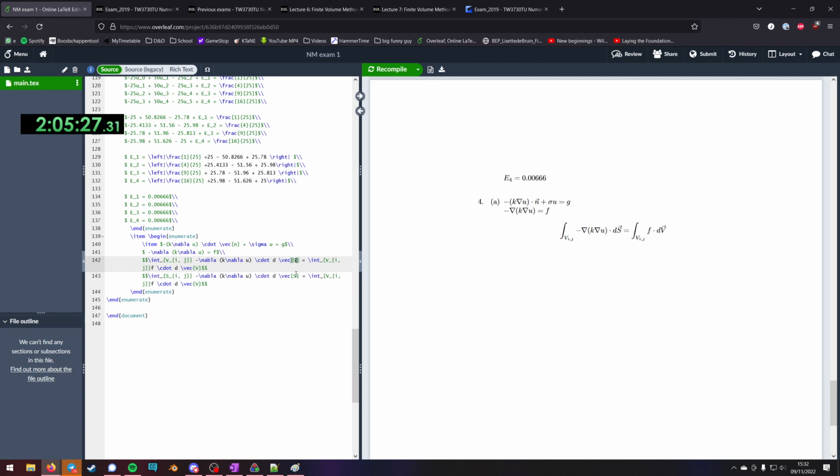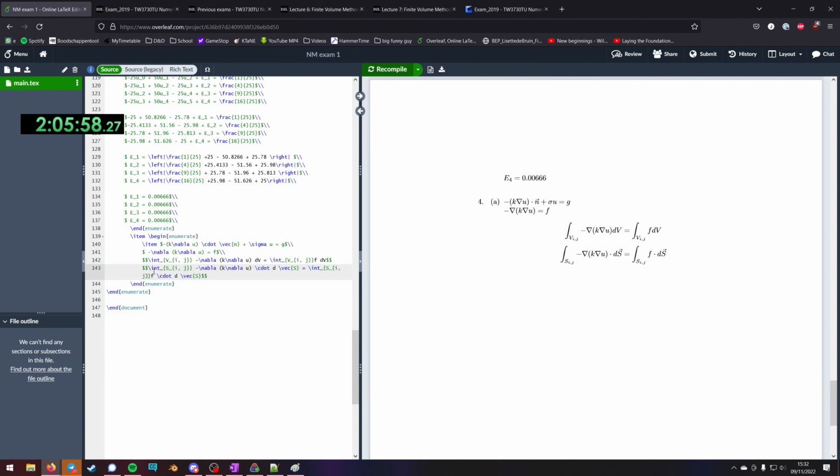Although this has to be a V because it's dV, it's over a volume, and it's not a vector yet. So now this becomes vector S, as we integrate over the edge of our tiny area.